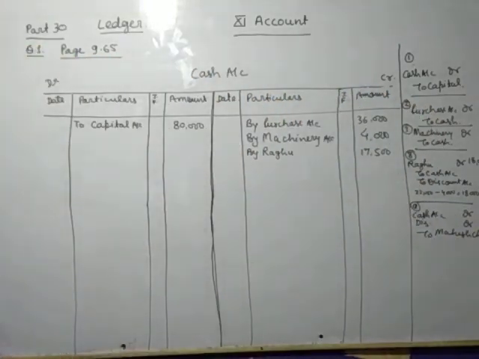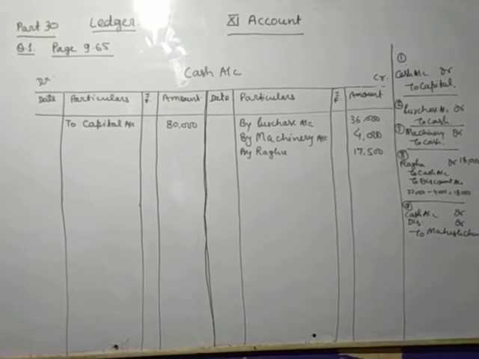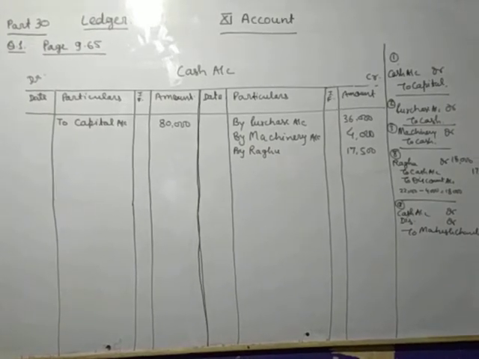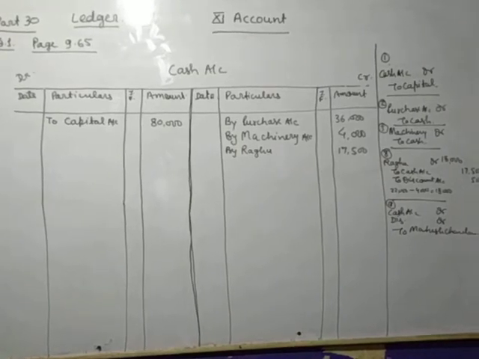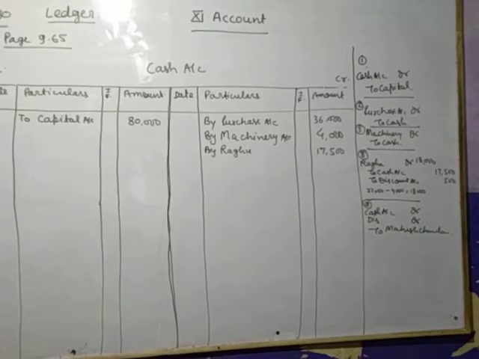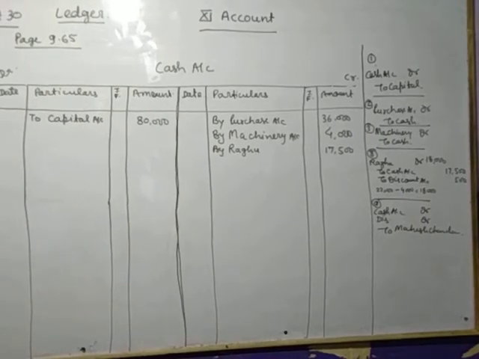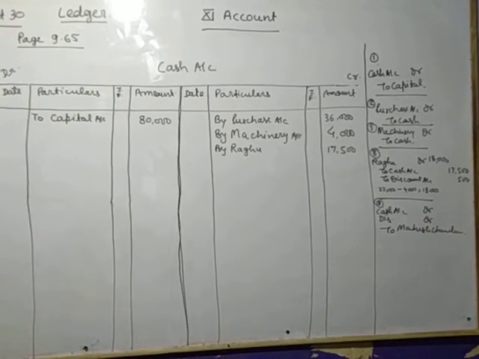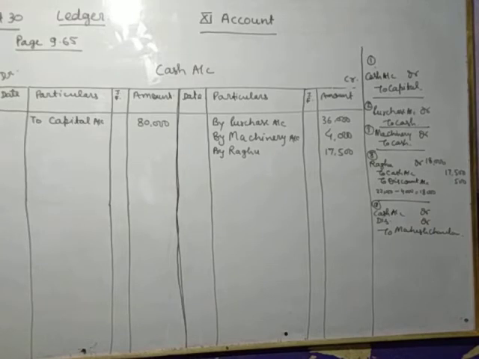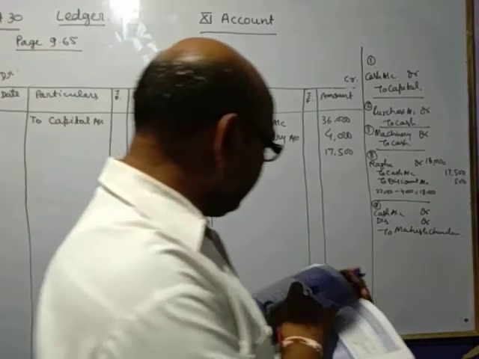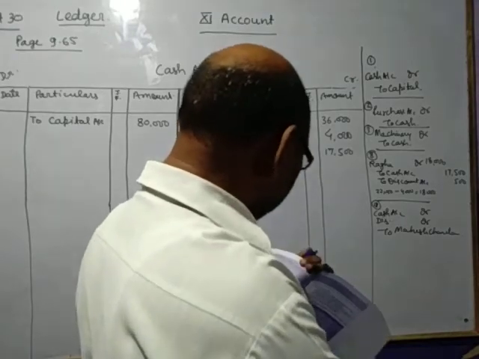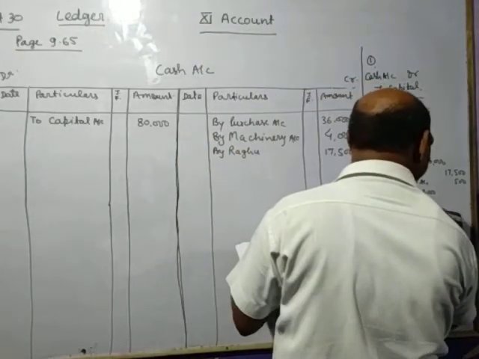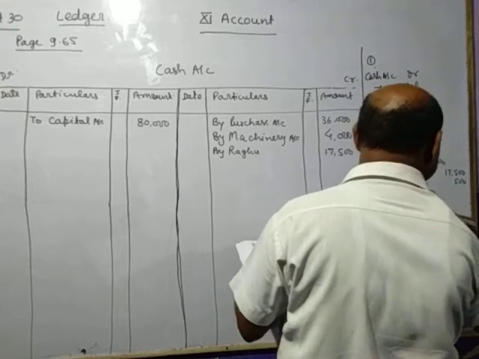Now you see, cash is here 19,800 and discount is 200.